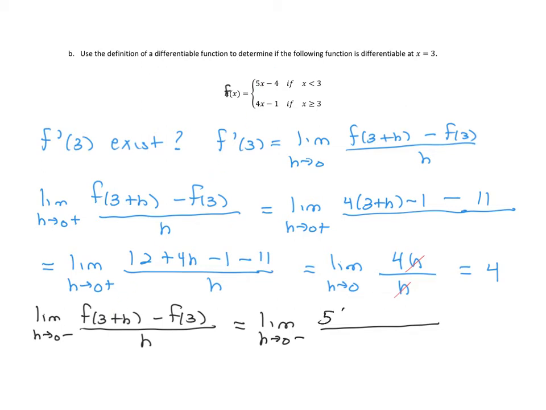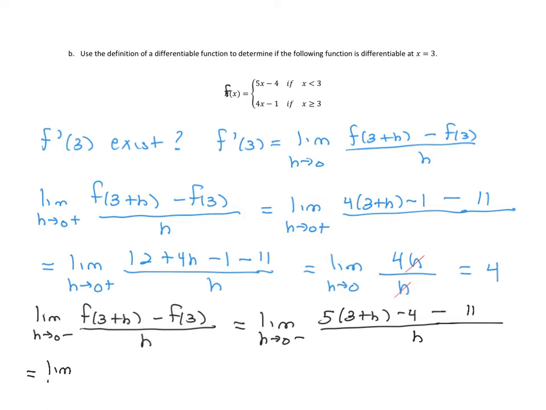So we get 5 times 3 plus h minus 4. Then we have to subtract off what f of 3 is equal to. And that's no different than the f of 3 here. To get f of 3, you have to look at this part of the definition and put 3 in place of x. It still gives you 11, so I'll put that number here. And this is all divided by h.